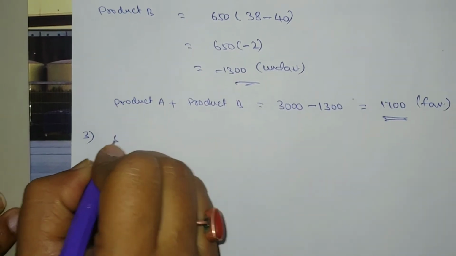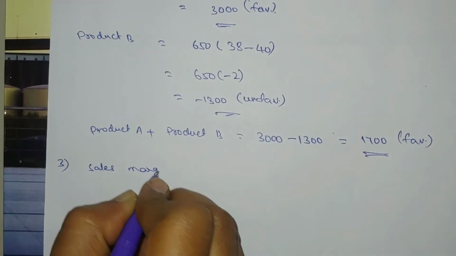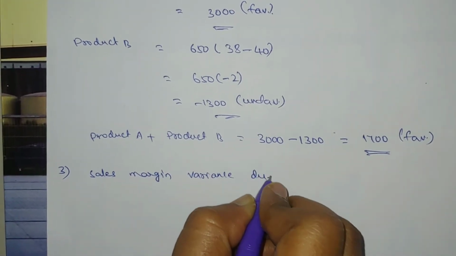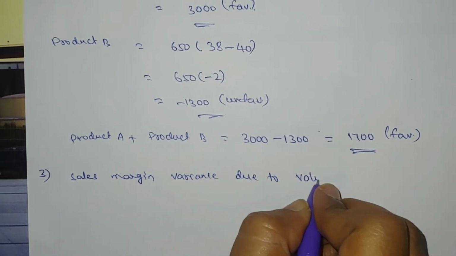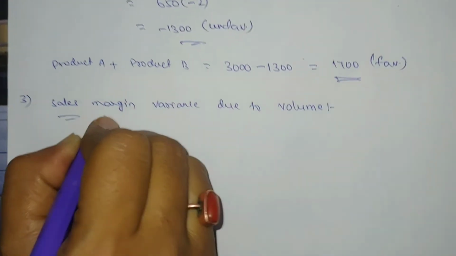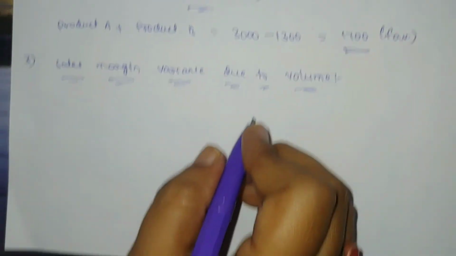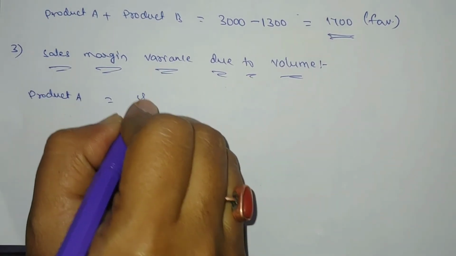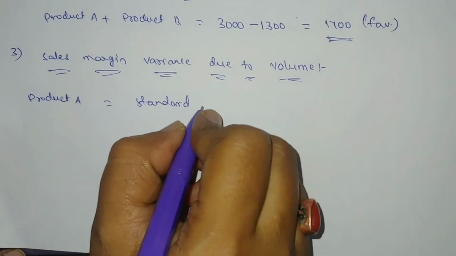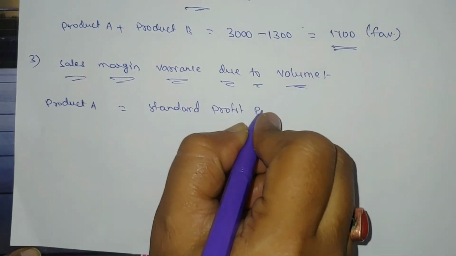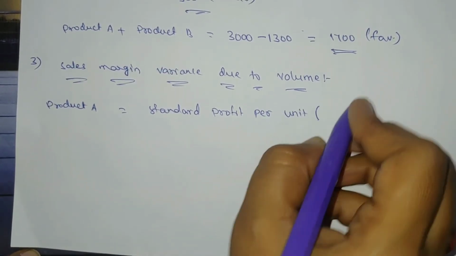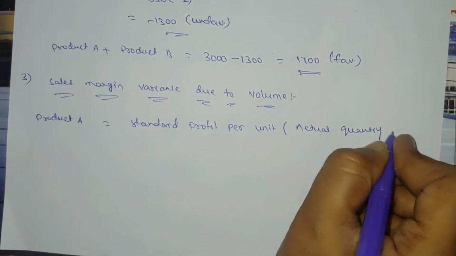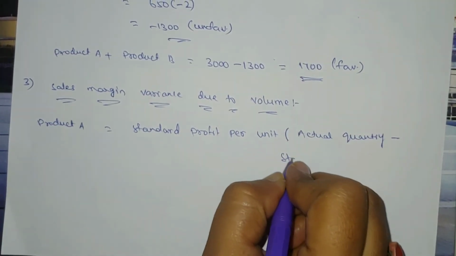Next, third one, sales margin variance due to volume. Product A is equal to standard profit per unit into actual quantity minus standard quantity.